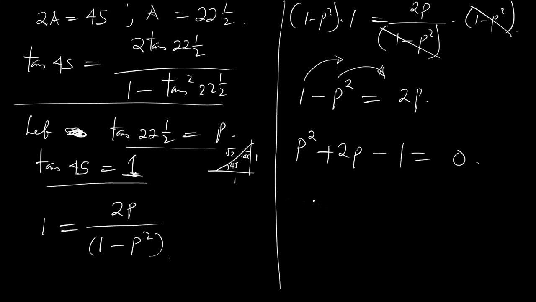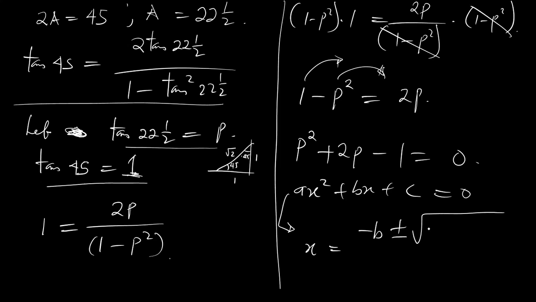Now applying the quadratic formula, you have ax squared plus bx plus c equal to 0, so that x is equal to minus b plus or minus the square root of b squared minus 4ac, divided by 2a.